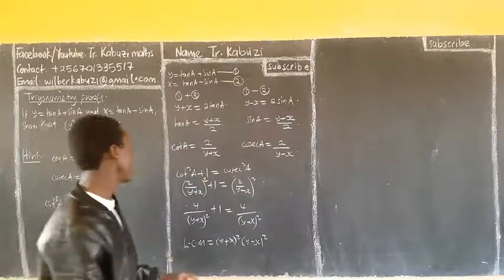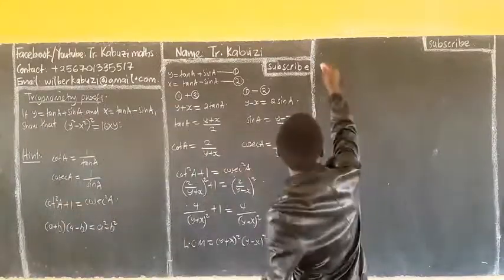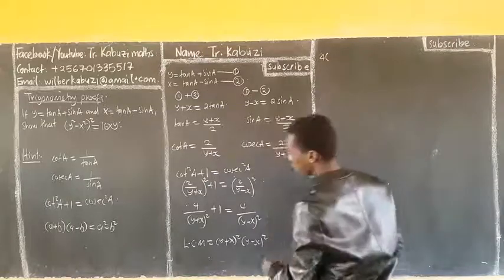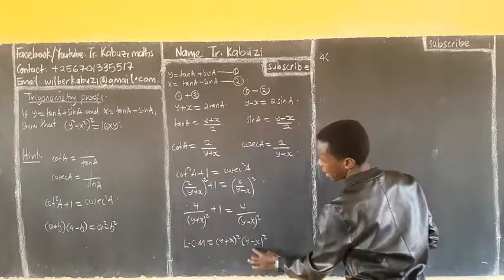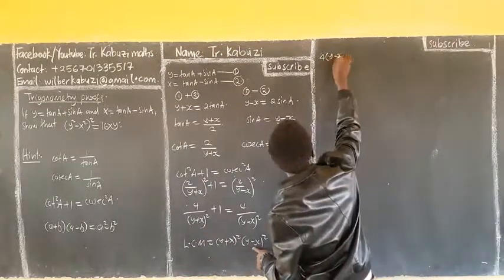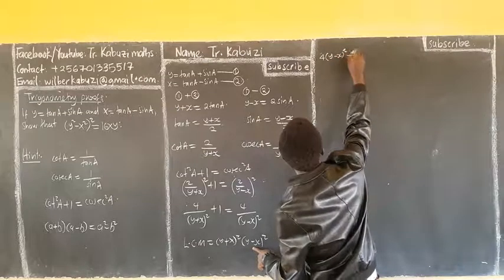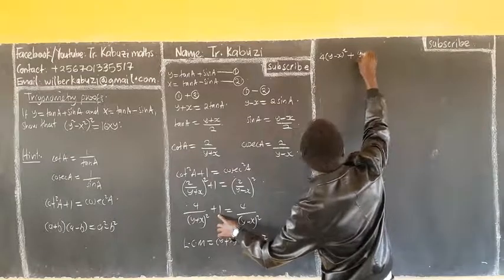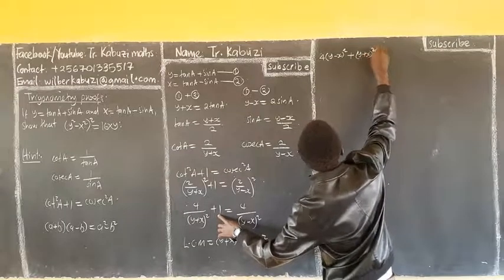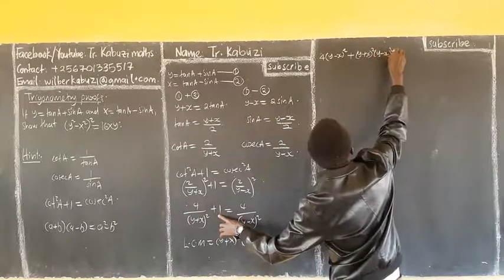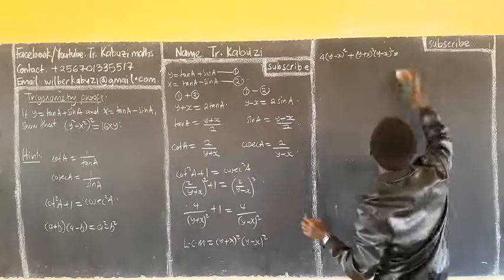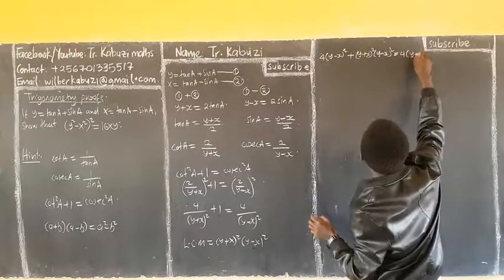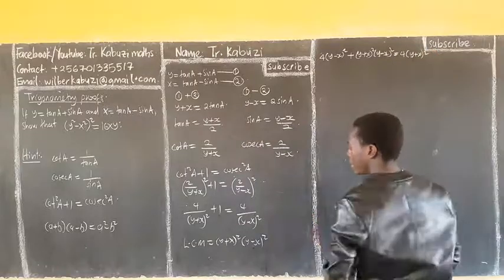If I multiply through by the LCM, here I'll be adding 4 into (y minus x) squared surviving, then plus this multiplied here, we have equaling 2, then multiply it there, I have 4 into (y plus x) squared.